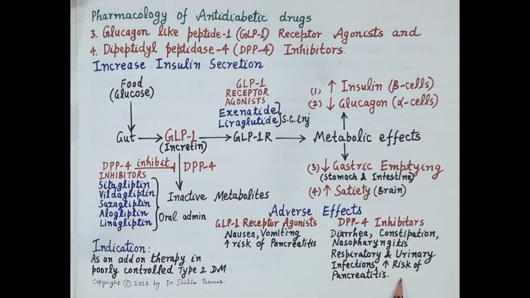Then DPP-4 inhibitors, they produce adverse effects like diarrhea, constipation, then nasopharyngitis, respiratory and urinary infections, and can cause increased risk of pancreatitis. So, this is in brief pharmacology of GLP-1 receptor agonist and DPP-4 inhibitors.